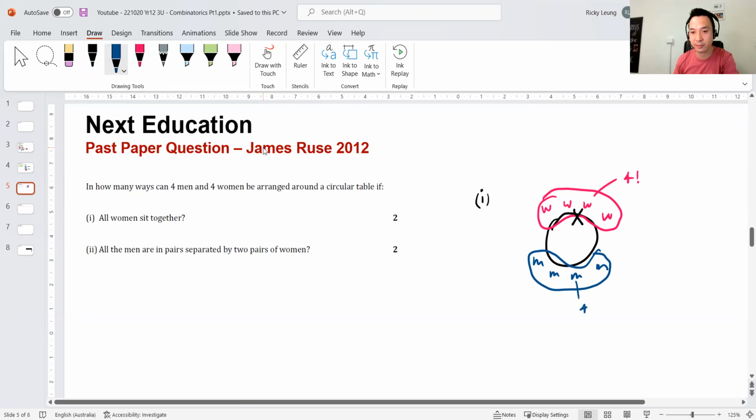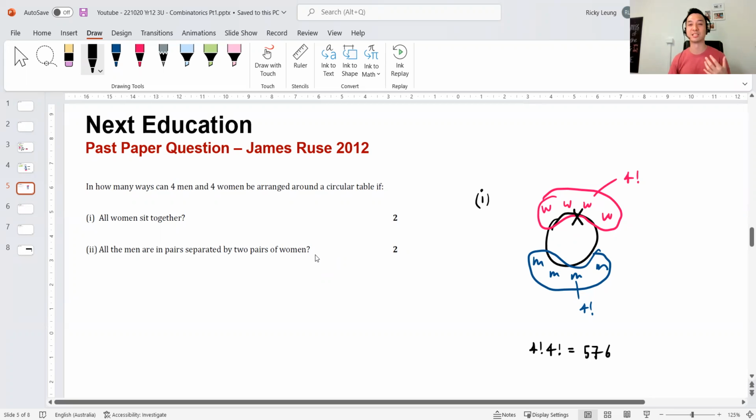The men, same. 4 factorial times 4 factorial is your answer. If you punch it in your calculator, which I will as well, 576. Is that okay? That wasn't too hard, even though it was worth 2 marks.